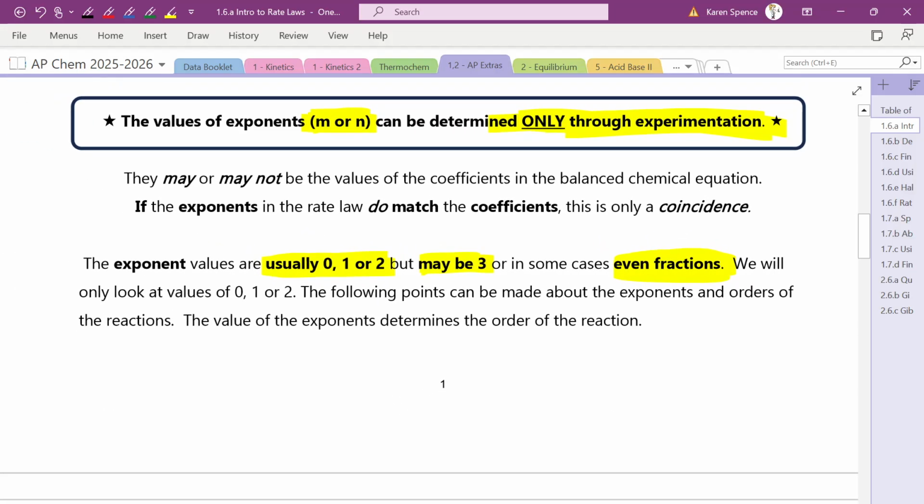Now, there's this thing called the order of the reaction. Order of reaction is determined by the exponents.